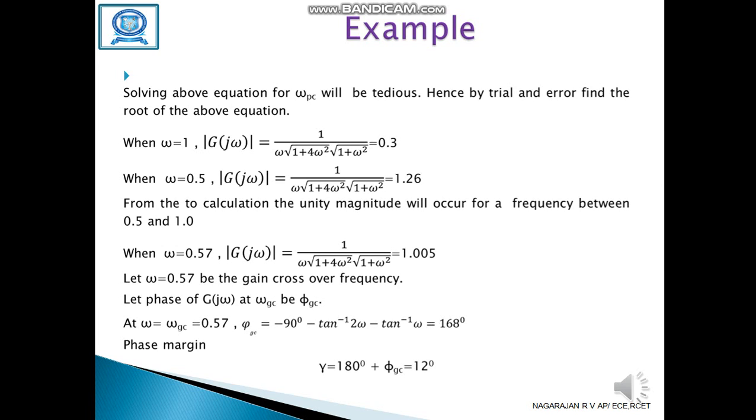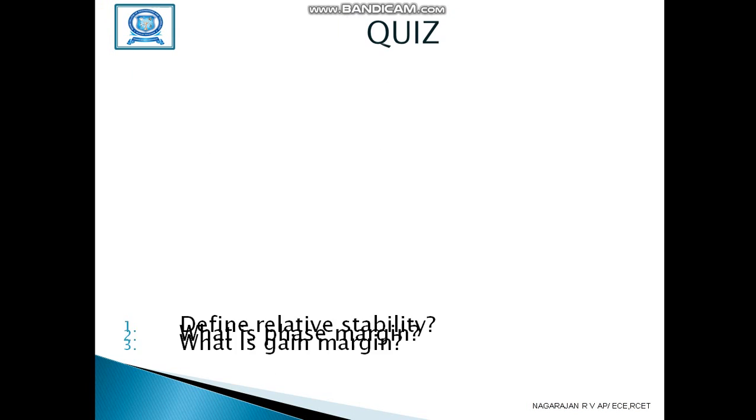Solving these two equations, we get ω equal to 1 means gain magnitude value 0.3, ω equal to 0.5 means magnitude value 1.26. Next, at the gain crossover frequency, find gamma equal to 180 degree plus phi gc, that is equal to 12 degree.